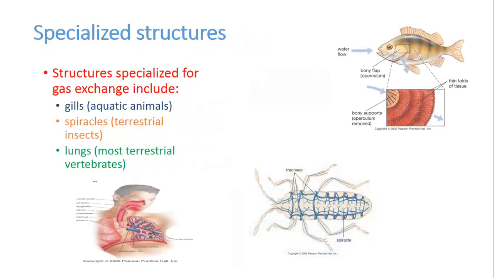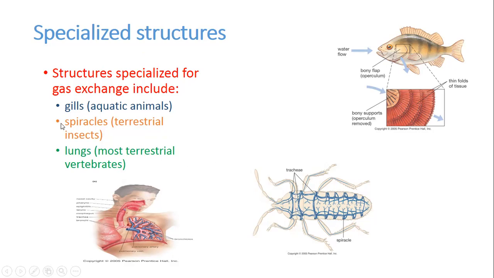Specialized structures. Structures specialized for gas exchange include gills. For aquatic animals, this is the gill, okay? This is the gill cover, and this is the gill. Spiracles for terrestrial animals. The spiracles are openings in the body of insects, and lungs for most terrestrial vertebrates.